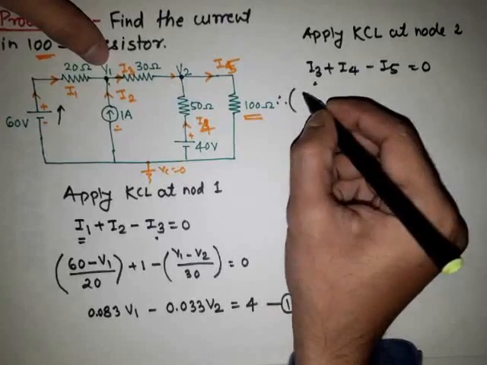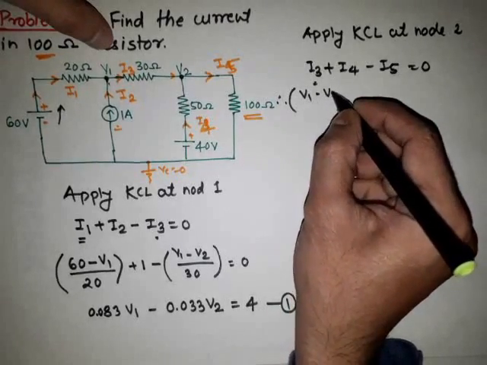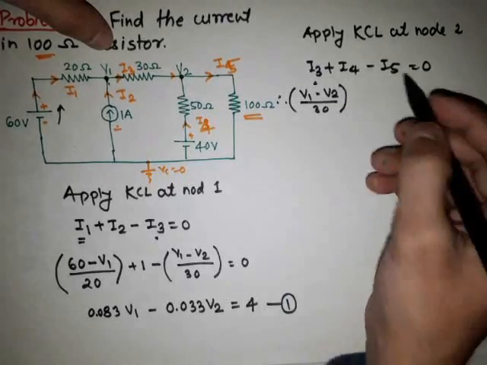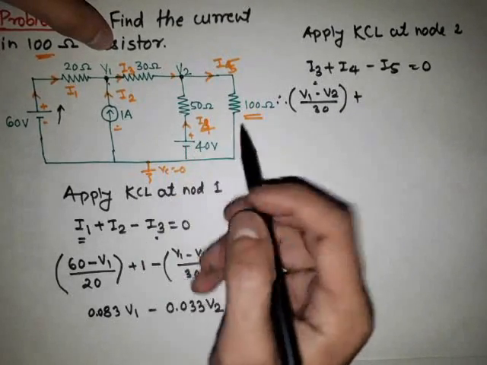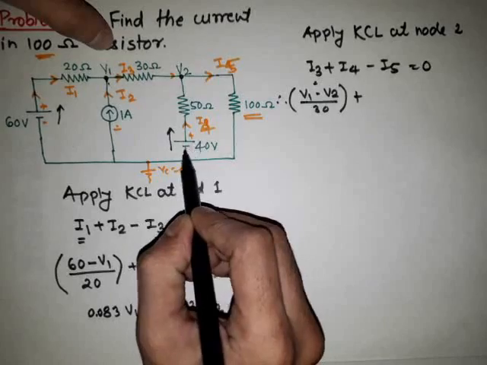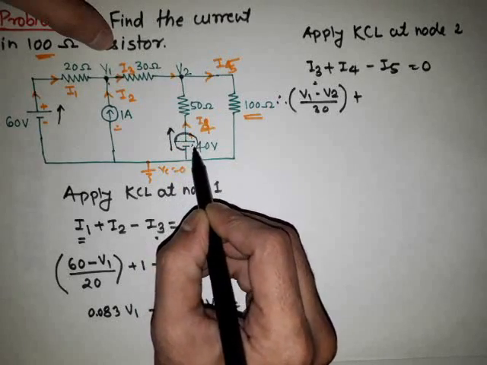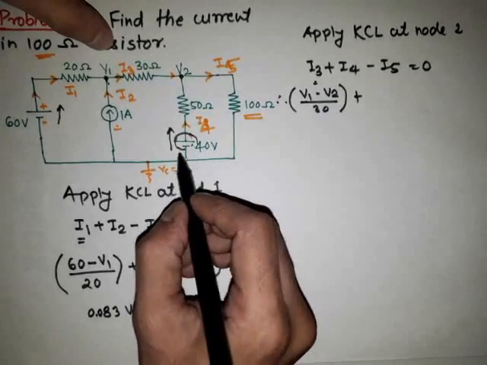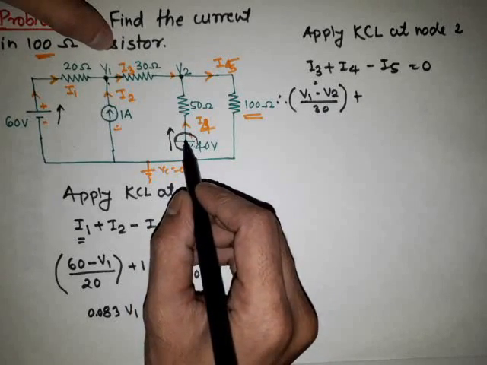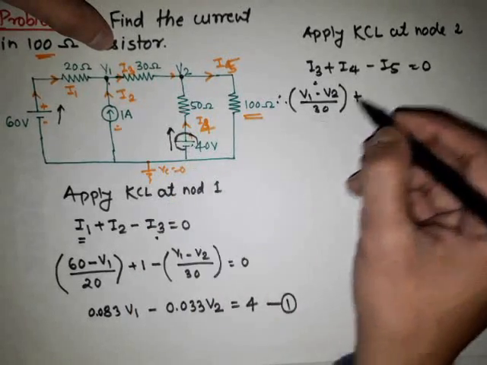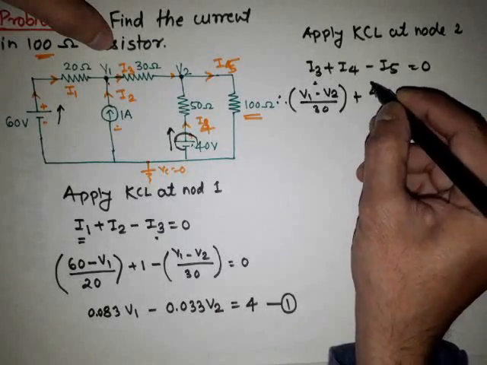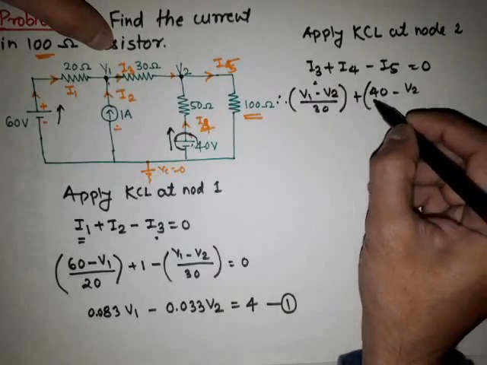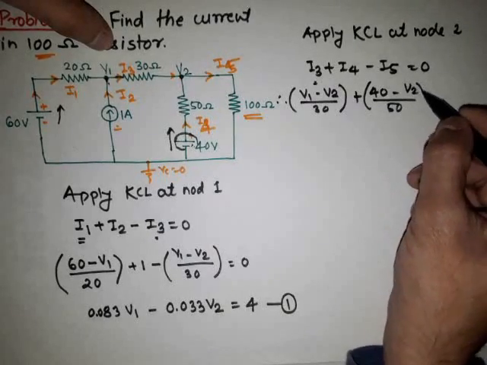Therefore it will be V1 minus V2 divided by 30. Then for the current I4, the current flowing like this starts from the 40 volt source and ends at the final voltage, but through the initial voltage the current flows from minus to plus, therefore it is plus 40 minus the final voltage V2, divided by the resistance 50.